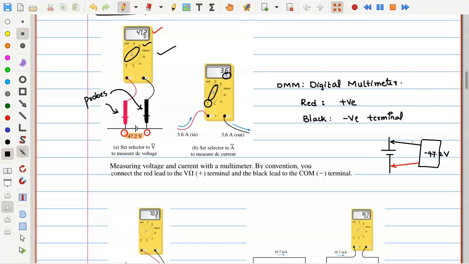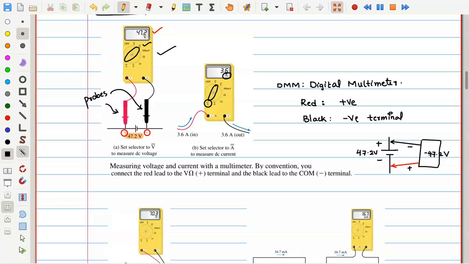This measuring instrument is configured to measure this terminal as positive and this terminal as negative. But actually the voltage across this device is upper side positive, lower side negative. The real voltage is 47.2 with this polarity, but you are measuring in the opposite convention to the real one, so you are getting negative.